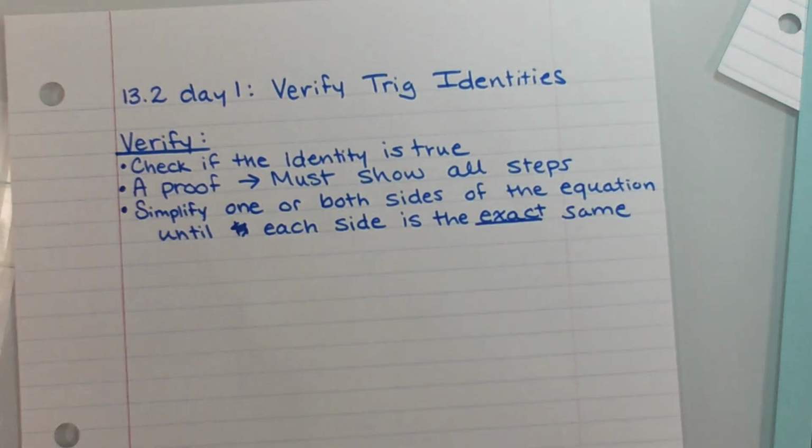So it doesn't have to get down to its simplest form. It just has to get to be the same thing as what's on the other side.